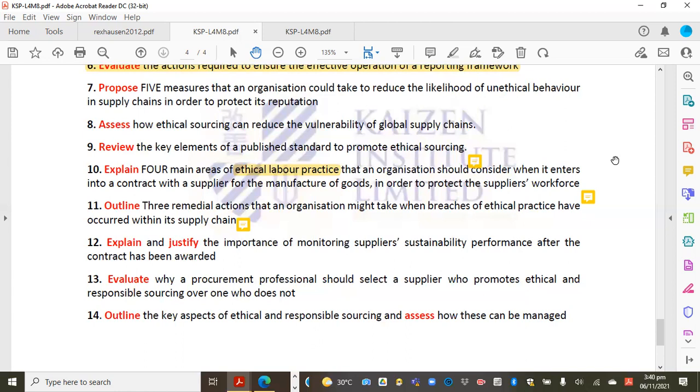To add to what you just said, if suppliers are ethical and responsible, it means they are paying living wages. If they are paying living wages, their workers will be motivated to give their best. So supplies will never be delayed. You will always get your goods on time and the right quality of input, and it goes on and on.